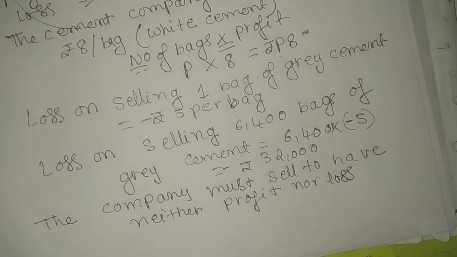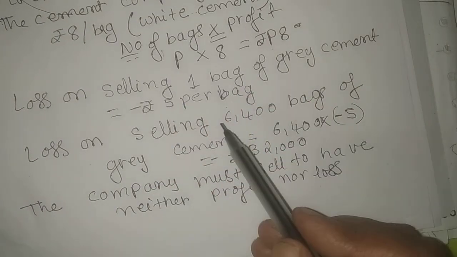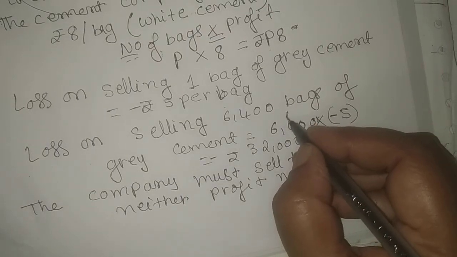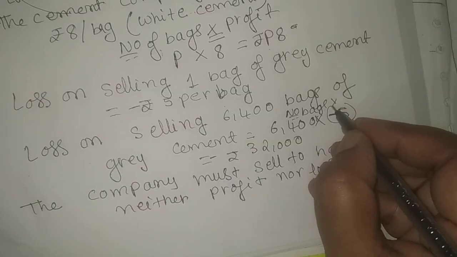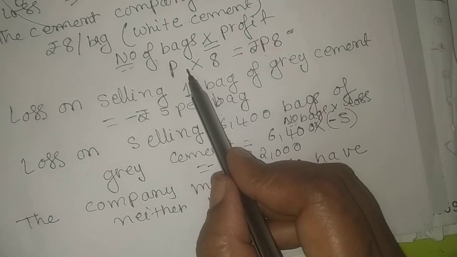Therefore, you have both: number of bags into profit, and again number of bags into loss. Here also this is number of bags into loss. Multiply this. Here we have multiplied this.